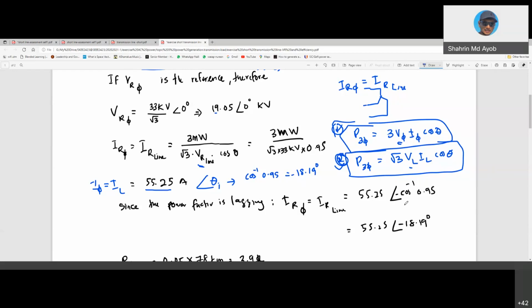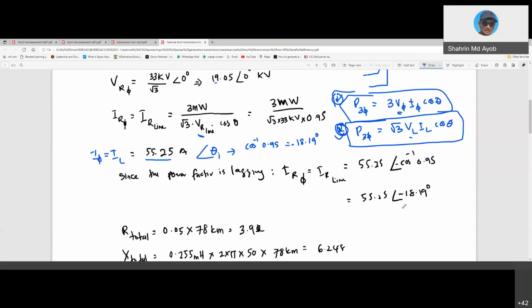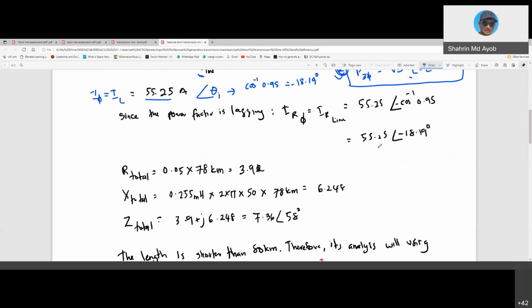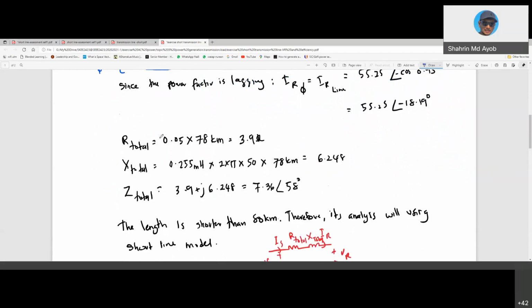So we have obtained the phase current here, and then after that we calculate the standard one, which is to get the Z total. I hope you know how to calculate the X. Usually students will always have problems with X. This one should be positive j6.248.